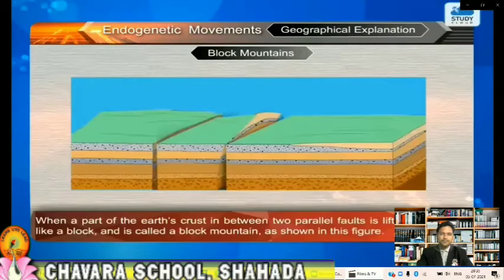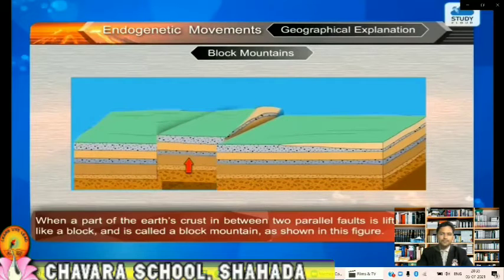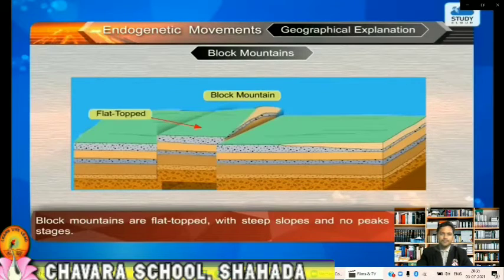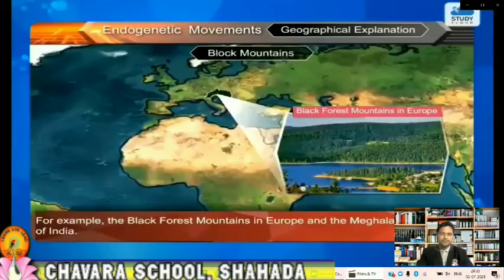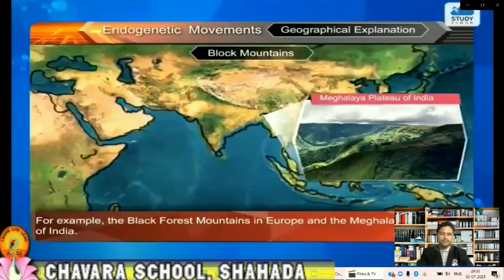When a part of the Earth's crust in between two parallel faults is lifted, it looks like a block and is called a block mountain, as shown in this figure. Block mountains are flat-topped with steep slopes and no peaks in the early stages. For example, the Black Forest Mountains in Europe and the Meghalaya Plateau of India.